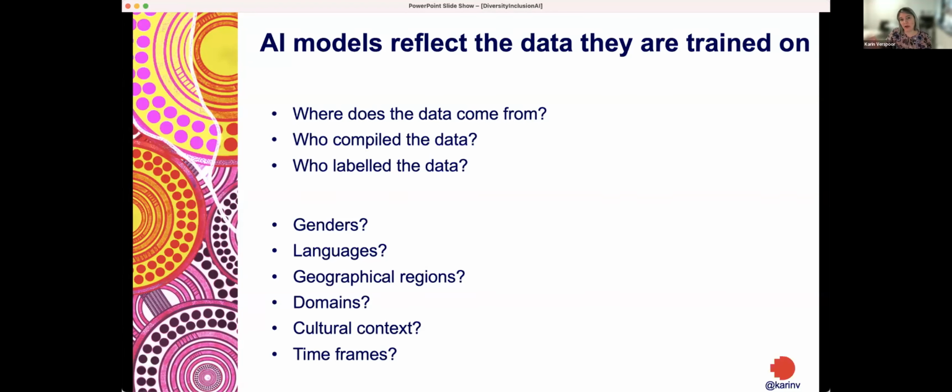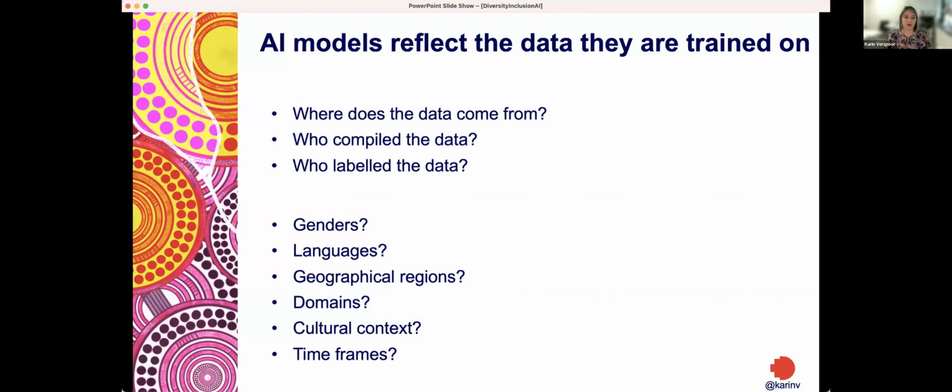So like all of the OpenAI models have a tremendous amount of human supervision that's part of the process of developing the models. So who's labeling the data and what kind of biases are they bringing to their interpretation of the data? Do we have appropriate representation of different genders, of different languages, of different geographical regions, different domains?